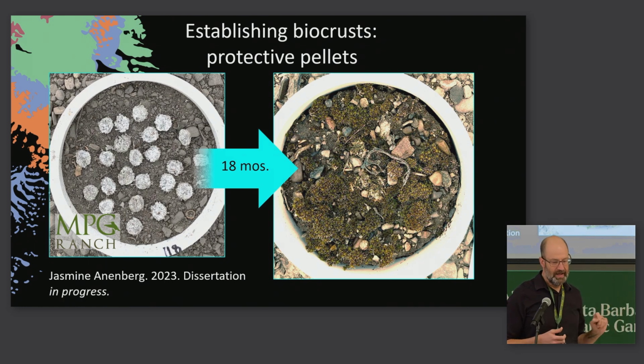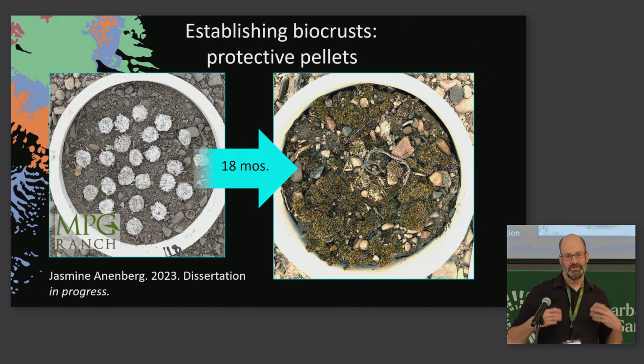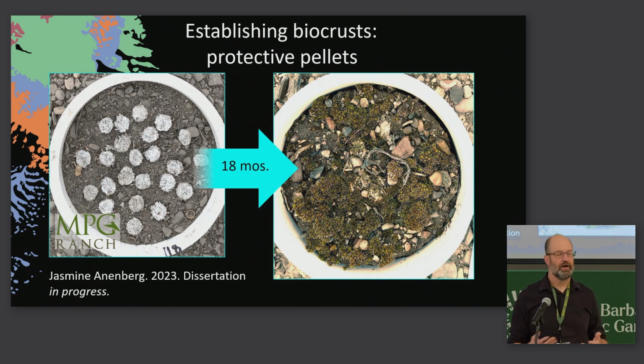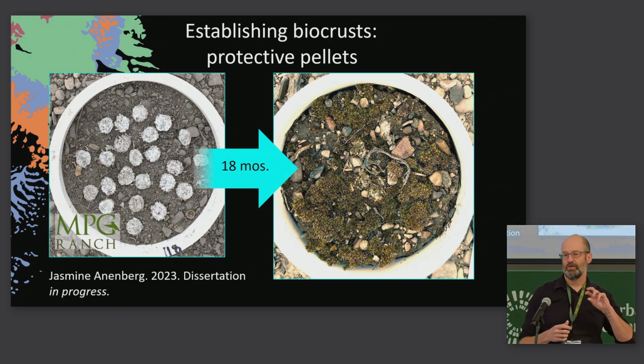What we found is that if we do this, we can establish a mossy biocrust in about 18 months. The reason this is a good idea is because the clay is going to protect the organisms from the elements, it's going to protect them from herbivores, and it's going to be kind of like a time release, because the clay is only going to dissolve when it's raining and snowing. In other words, when the mosses really want to establish.